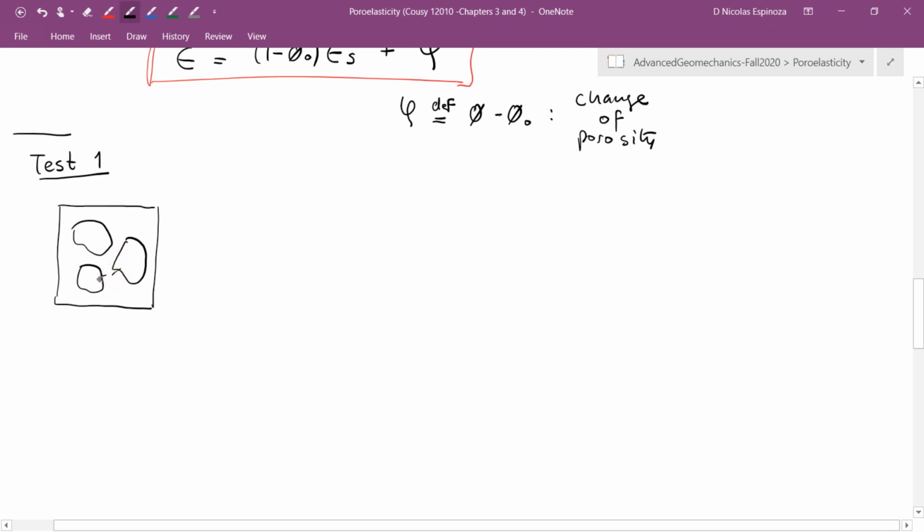Imagine that these pores are connected. This is kind of difficult to make a schematic in two dimensions, but the assumption is that all of these are connected. And I'm going to apply a pressure to the pores so that the pores are going to expand. There's going to be pressure P. And because the porosity is connected, the pressure is going to be the same everywhere.